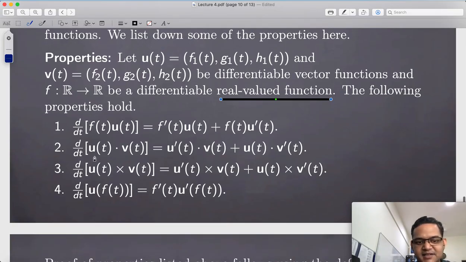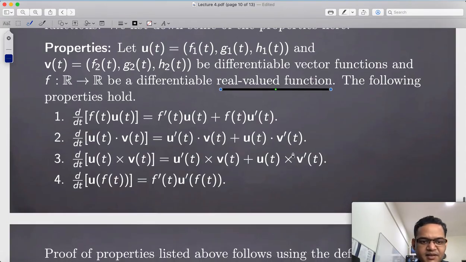If I take two vector valued functions u and v and take their dot product, notice that this side is a real valued function. Since u is a vector and v is a vector, but when I take the dot product, it is a real valued function. So this notation here, d by dt, is the usual derivative of a real valued function. Then I get the derivative of the first dotted with the other, plus the corresponding term.